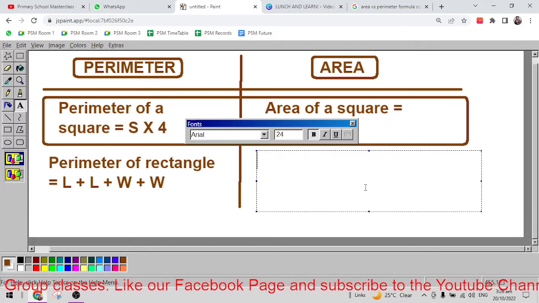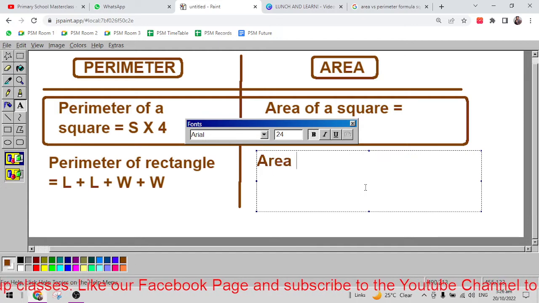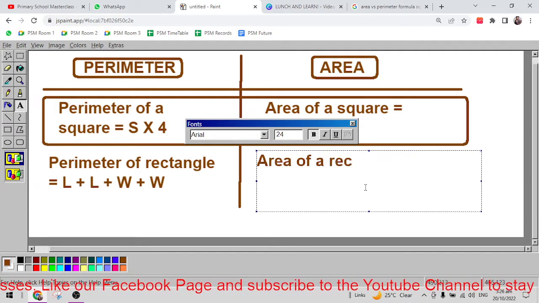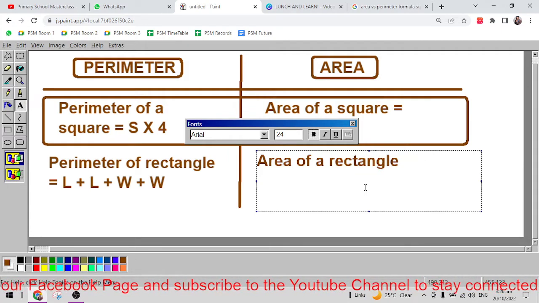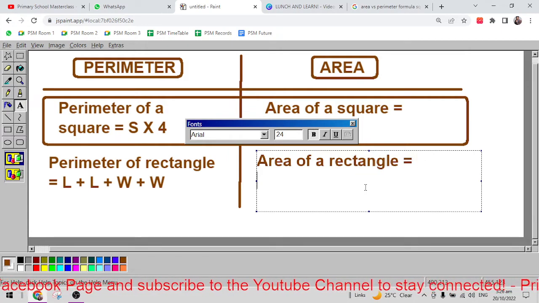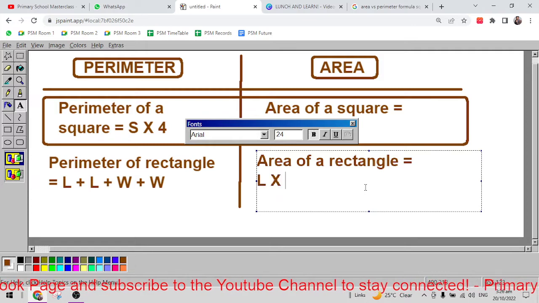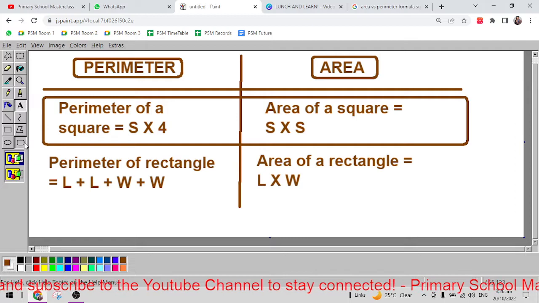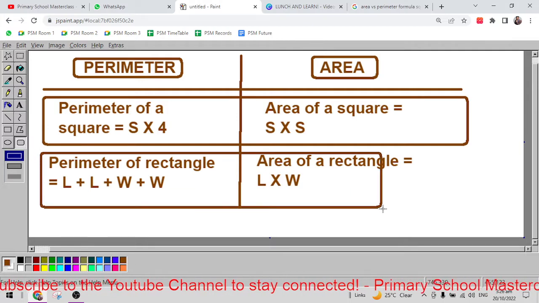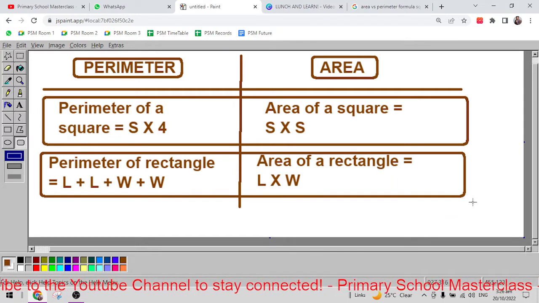Area of a rectangle is length multiplied by the width. Alright? So that is a comparison table right there. That is something to write in your book.